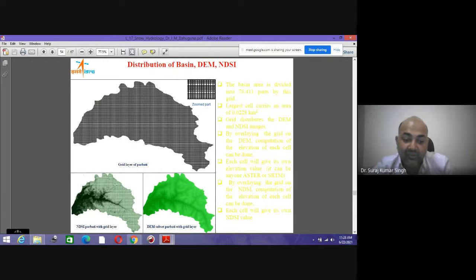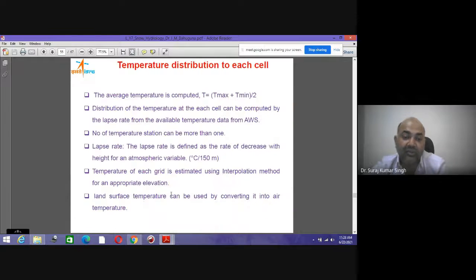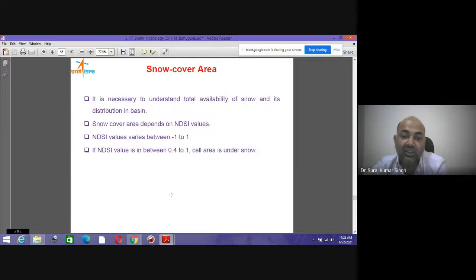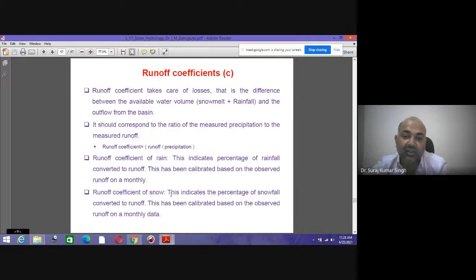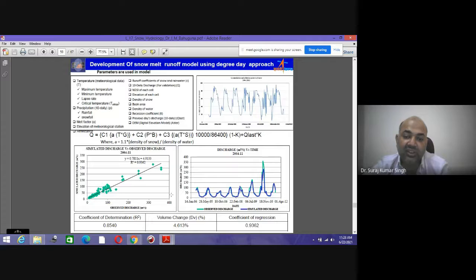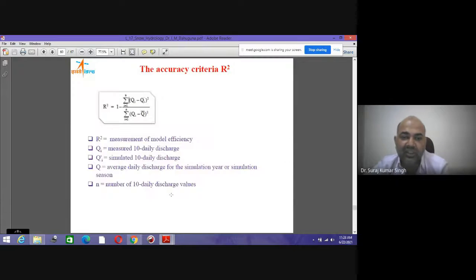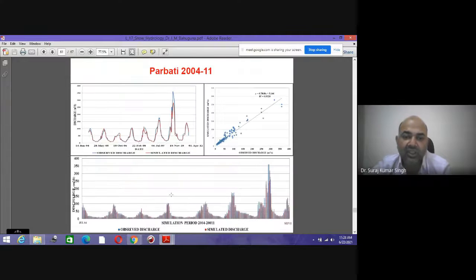What is the map that was generated from NDSI? How do the maps look when we create a digital elevation model of that area? What is the temperature area? All the runoff coefficients are calculated. Then we'll be simulating it and checking the accuracy of the discharge that we have generated.